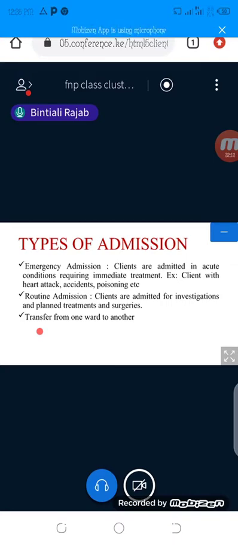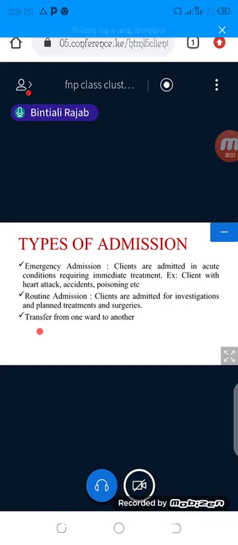So for this one, you can follow the procedure: take the history, do a physical examination, take the vitals, take the weight and height, let them change into a gown, identify a bed, and orient them to the hospital, to the nurses, to the clients. This is a routine admission, the one we have been talking about.